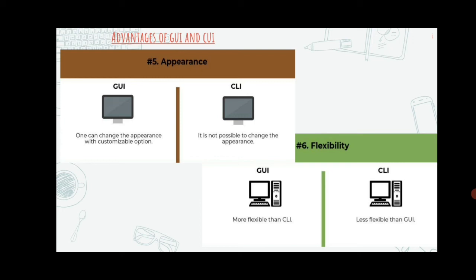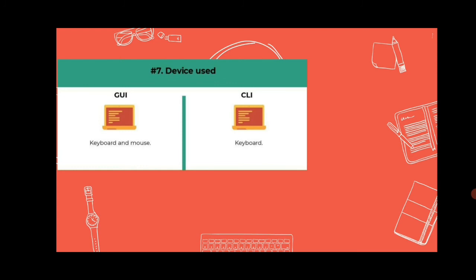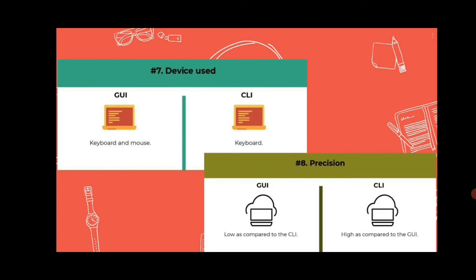CLI is less flexible than GUI. Based on the device used, GUI uses keyboard and mouse. In CLI, we are using only keyboard. Based on precision, GUI is low as compared to the CLI. The CLI is high as compared to the GUI.